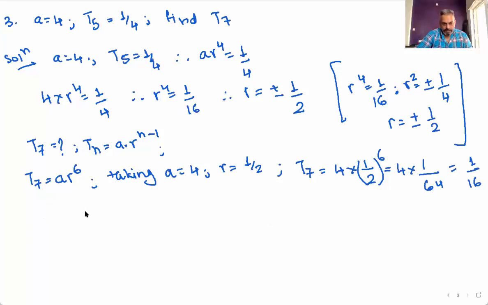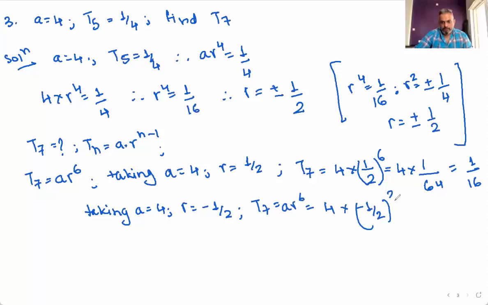Now taking A is equal to 4, R is equal to minus 1 by 2. We get T7 is equal to A into R raised to 6, which is 4 into minus 1 by 2 whole raised to 6, which is equal to 4 into again 1 by 64, which is 1 by 16.